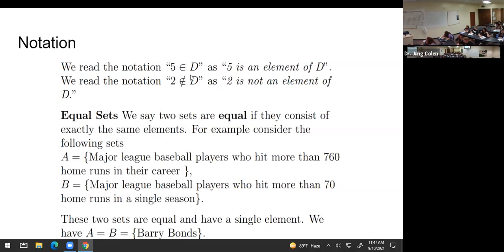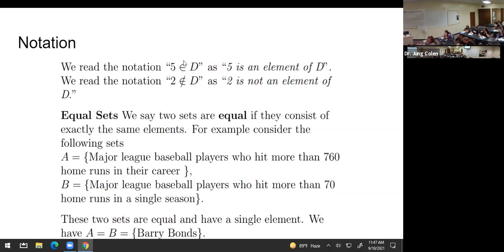So the set is bigger than the element, because it includes the elements, right? You can see that this means 5 is an element of E. 2 is not an element of E. Not bad, right?